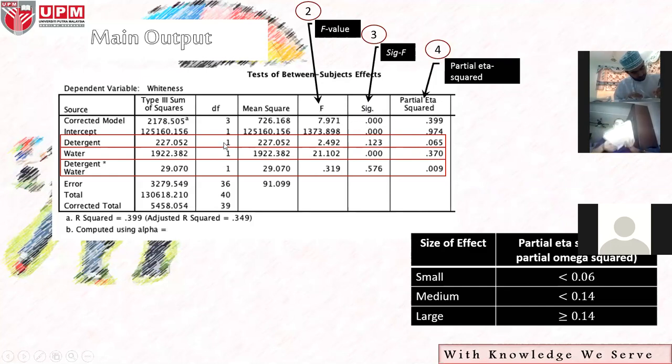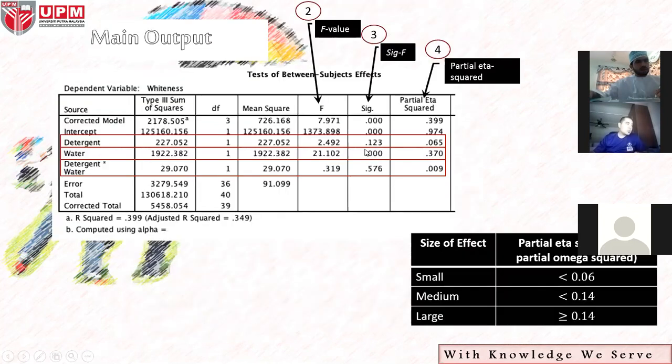In this case, since the significant value here is larger than alpha, we fail to reject. Therefore we can say that detergent does not have a significant main effect towards clothes whiteness.